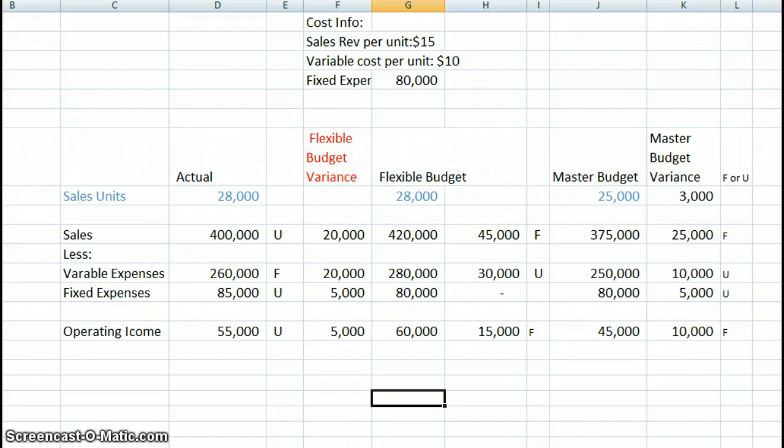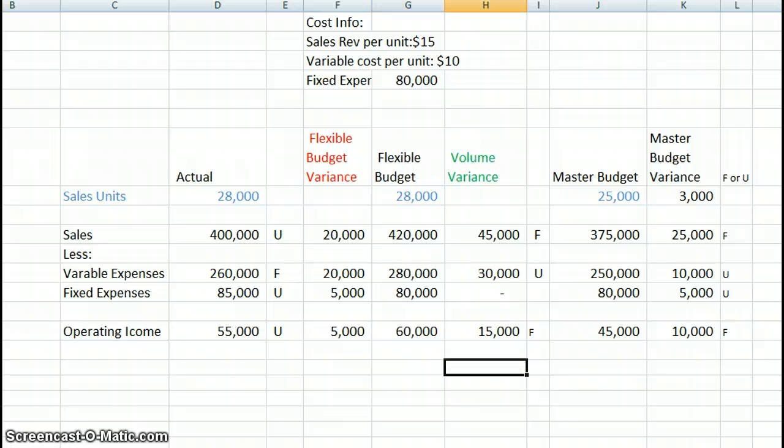But the best way still is to look across from one budget to the next to help you calculate whether it's a favorable or an unfavorable variance. The variances that we just calculated are called volume variance. The difference between your master budget and your flexible budget, the variances, are called volume variance.